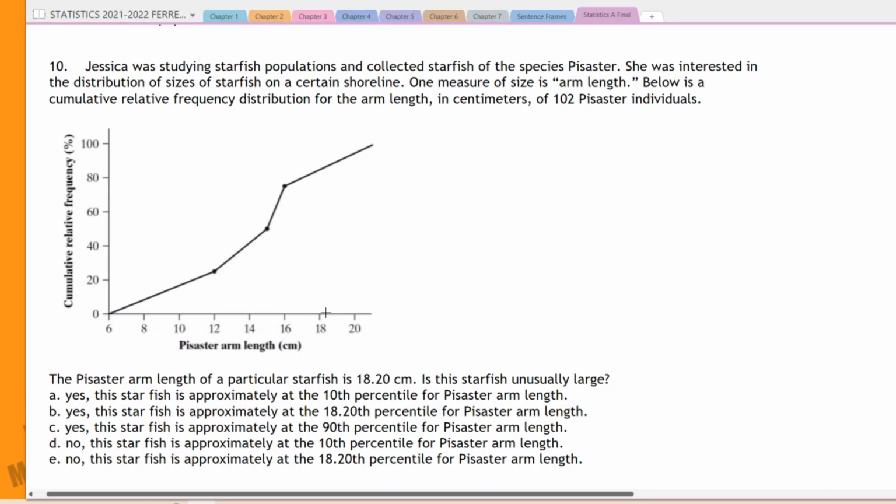I'm going to go ahead and put my cursor here right around 18.2. I think that's kind of close. We'll just go up to 18.2 and then over to get its percentile rank. So it looks like an 85th percentile.